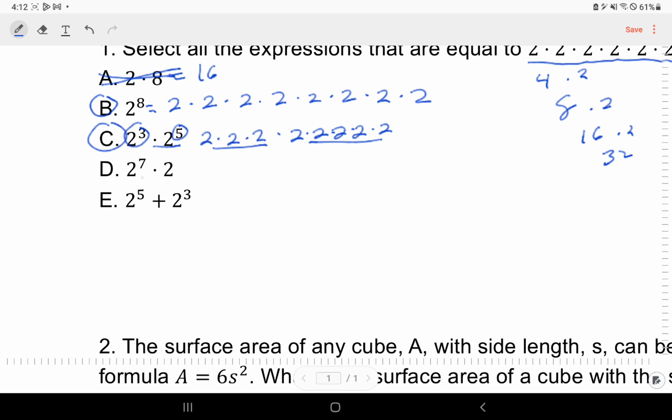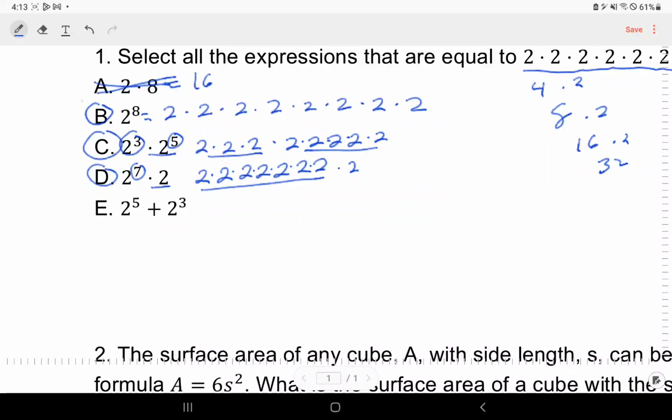And then here, this says I have 7. So 1, 2, 3, 4, 5, 6, and we're done. So there's 7 of them, and then one more. Well, 7 and 1 is 8, so that works, because all 3 of these say we have 8 2's.